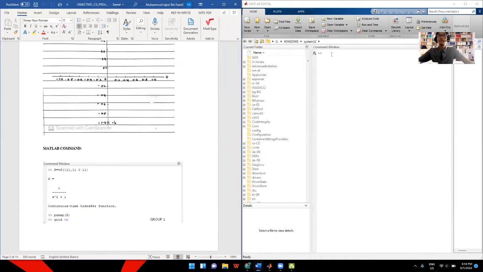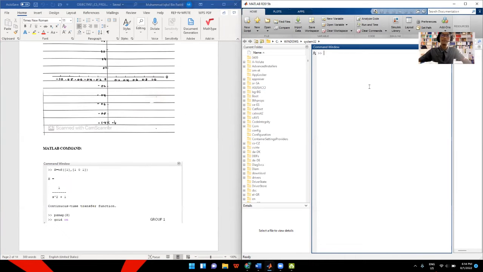After that, we can prove it in the MATLAB command. So we just follow the command. Grid on.